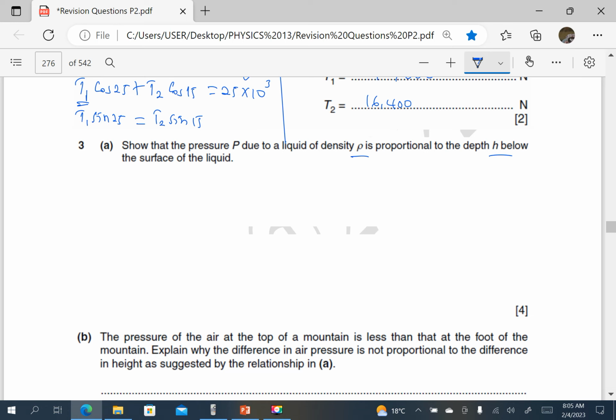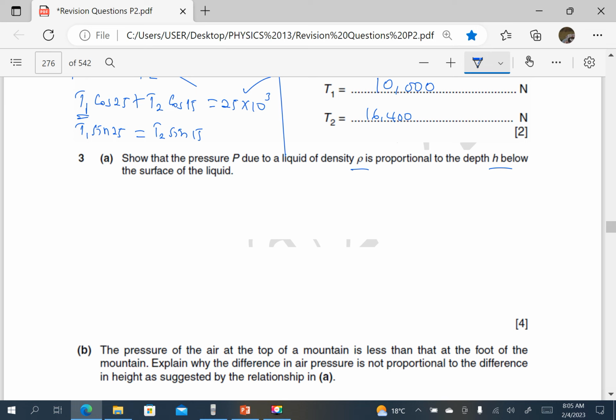So we know that pressure is the force acting normally per unit area, so immediately we can write the formula: pressure is force over area. What will be the force? Our force is going to be equal to the weight.